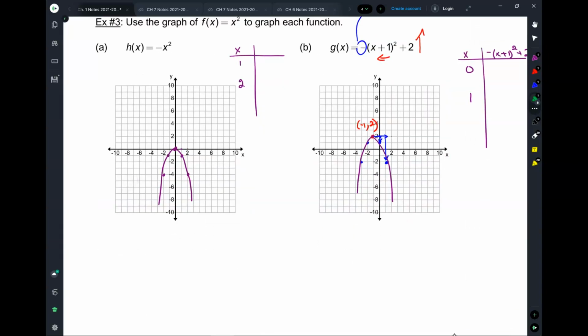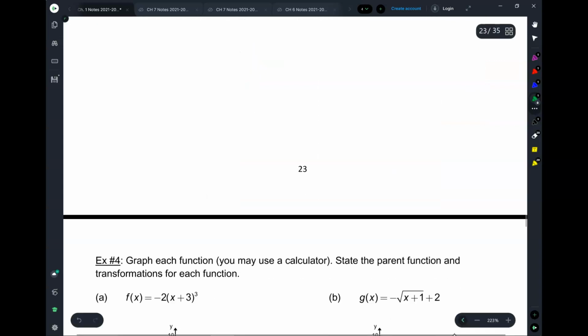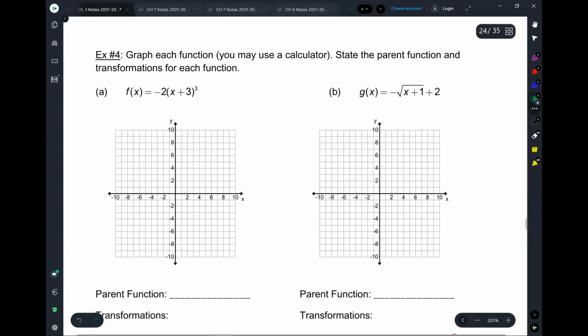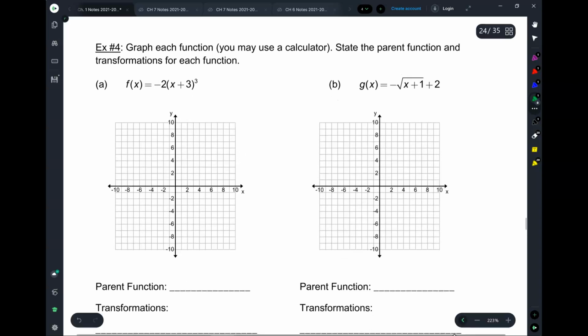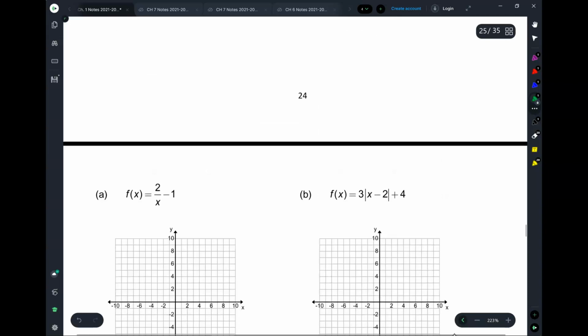Okay. So, next, we're going to do a couple of cubic graphs. Okay? All right. So, wait a minute. We're not going to use a calculator on this one just yet. You know what? I think I will.